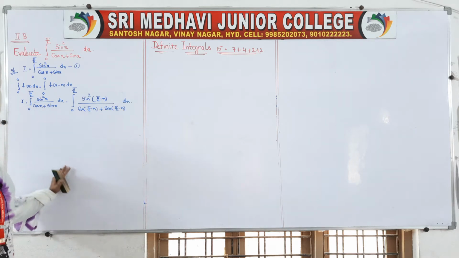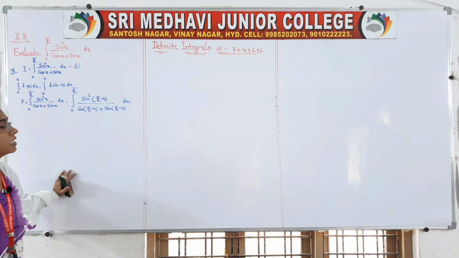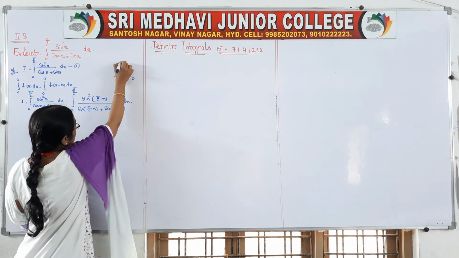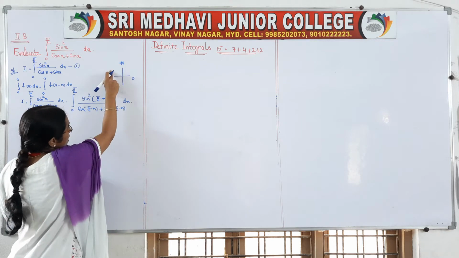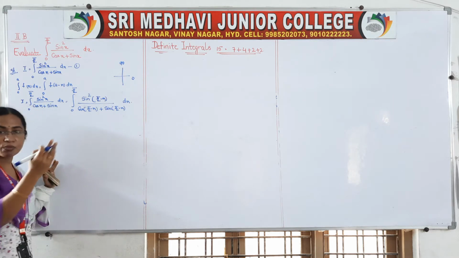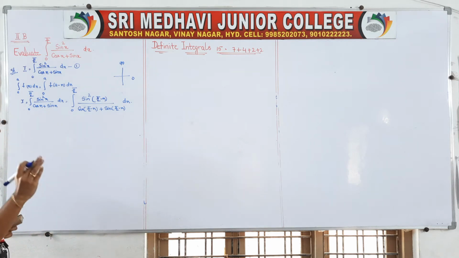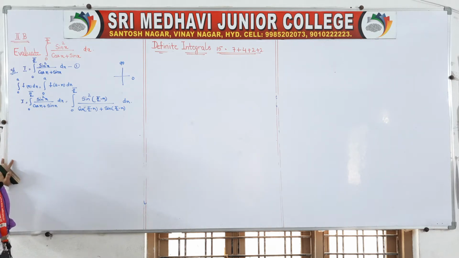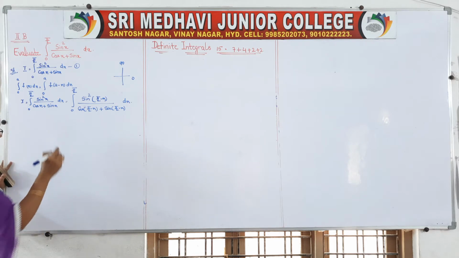Pi by 2 means 90. 90 minus theta means first quadrant, isn't it? So here 0, here 90. 90 plus means second, 90 minus means first quadrant. In the first quadrant all ratios are positive, but for 90 minus, the ratio changes: sin changes to cos, cos changes to sin.